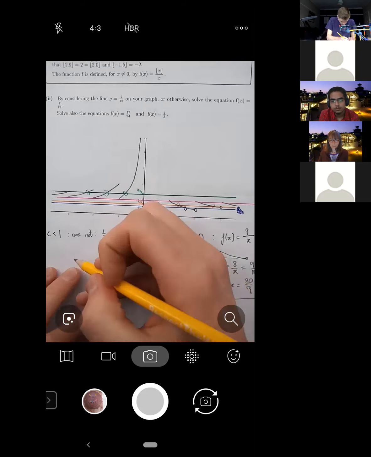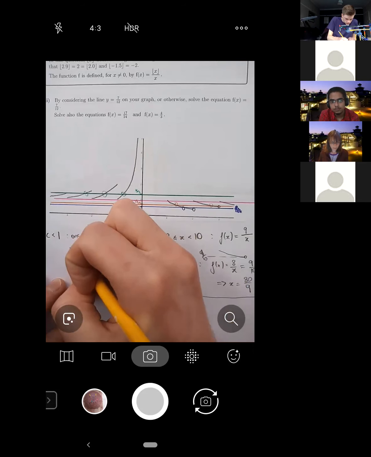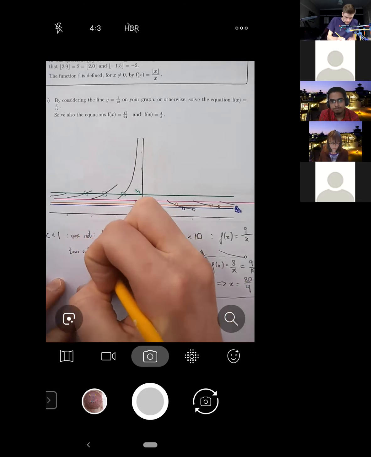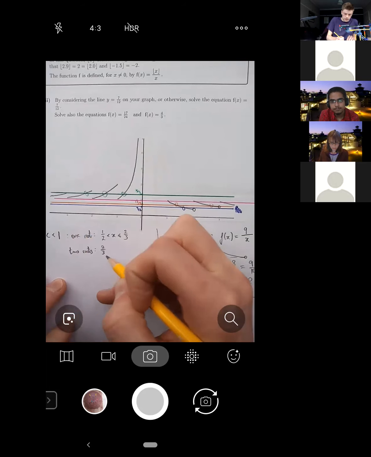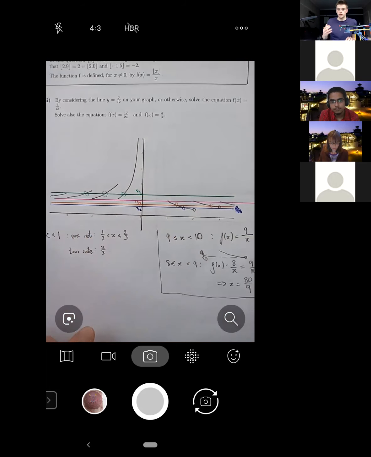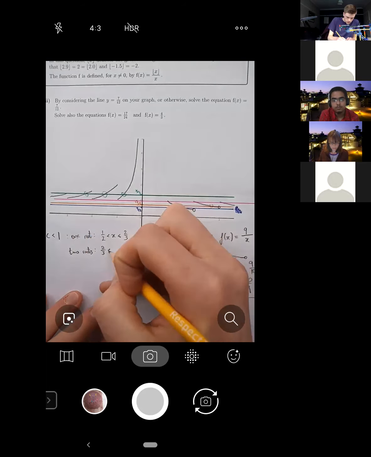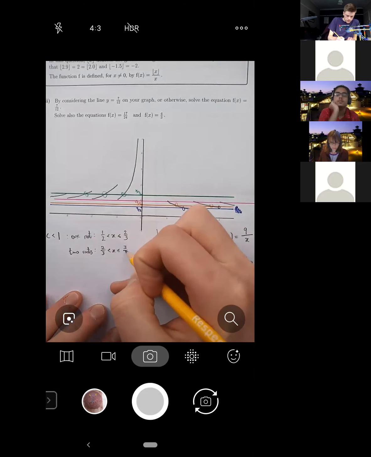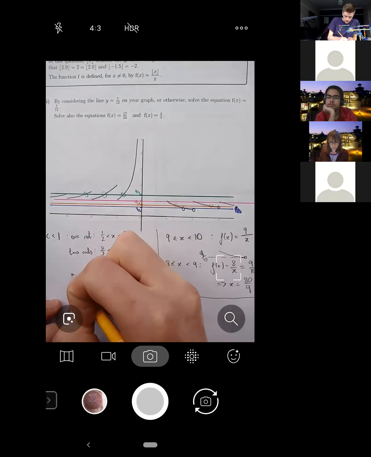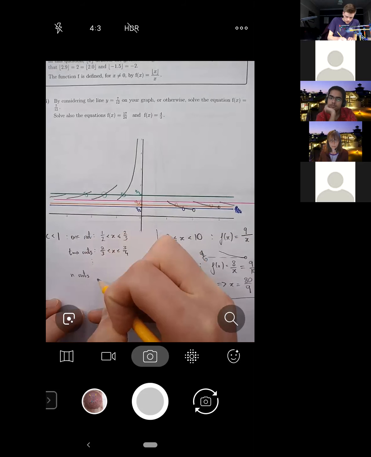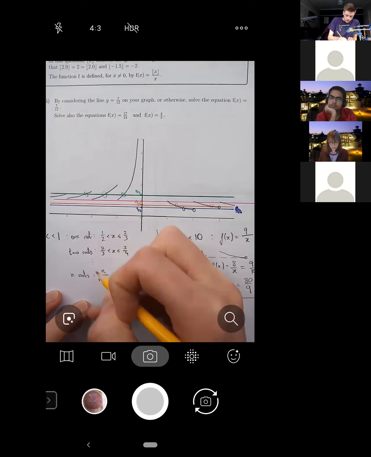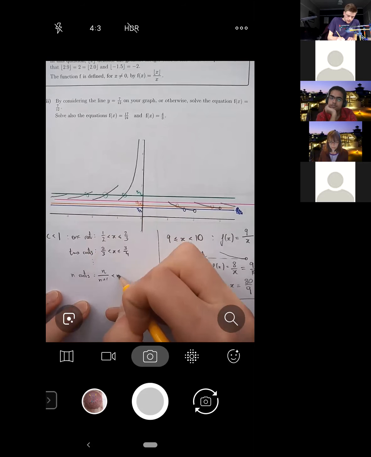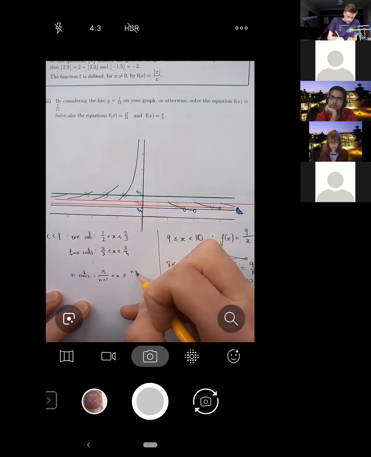Okay, so I'm sure you can see what's about to happen. If we go for 2 roots, again, we need to go through the first 2 branches, but none of the others. So we get this. And in general, for n roots, we've got n over n plus 1 less than c less than or equal to n plus 1 over n plus 2.